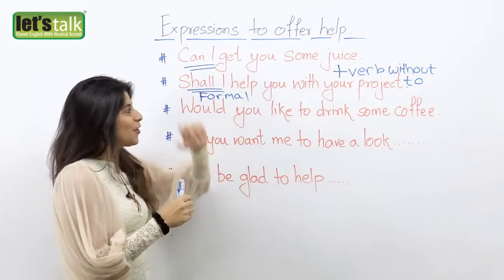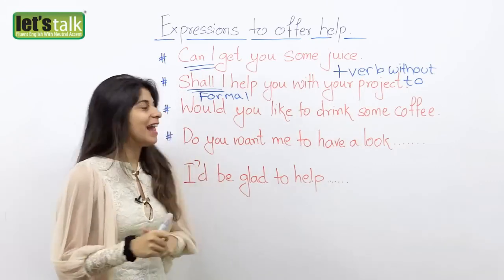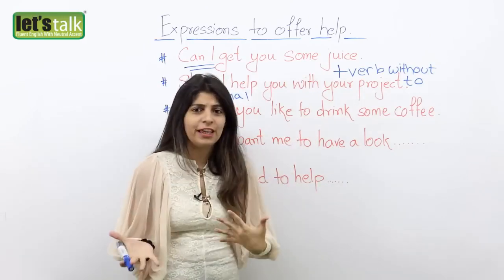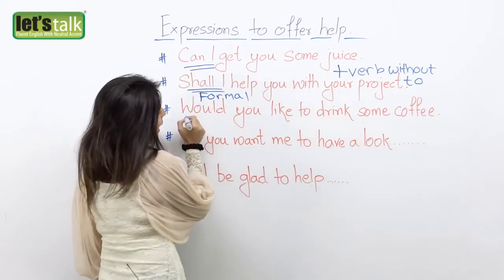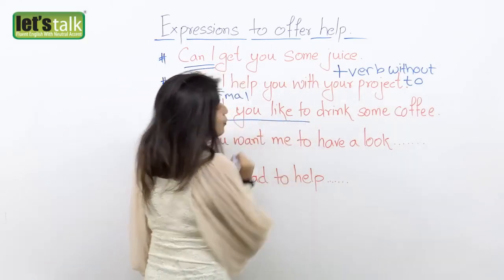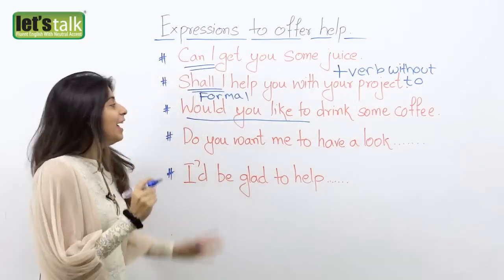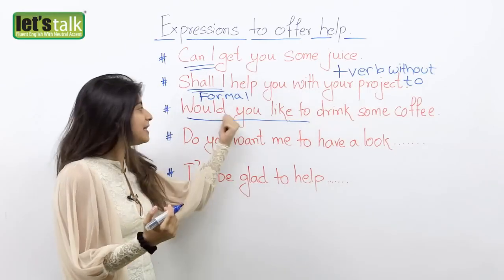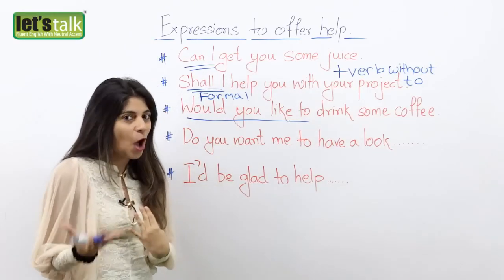Okay, so I hope you got this right. Let's have a look at the third expression here. Would you like to drink some coffee? Now here you can start by offering help and saying, would you like to drink some coffee?